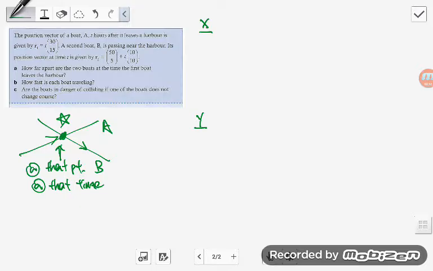R1 has the X component of 30 times T. In order for them to be at the same place at the same time, 30 times T is equal to the X component of my boat B, correct? So this is my boat A, and this is my boat B. For my boat B, the X component will be 50 plus T times 10. Okay?